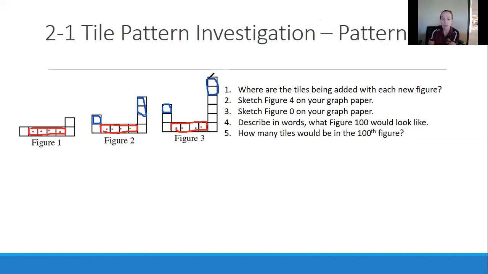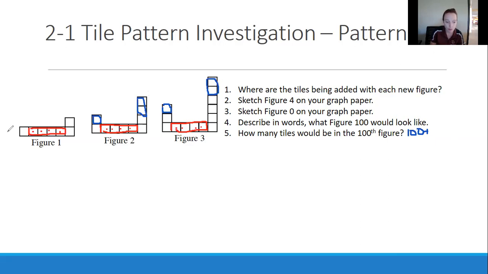Okay, so that means I would have added 1 of these. Well, there's the original 4, and I would have added 1. Okay, then there would be another 1, and then another 1. There's 3. If I do that 100 times, I would have 100 tiles on that left-hand side. Okay, but that's not all I have. So then notice I would have on the right-hand side, there was my 1, but then I added 2.